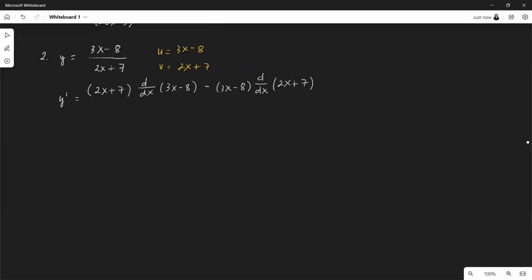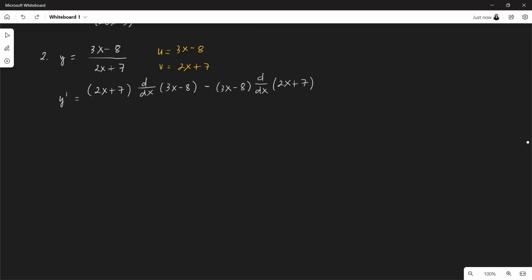So you can either put the function that you are differentiating beside the d here, or to the right of the d over dx notation. That's fine, as long as you know that you need to get the derivative of that function.